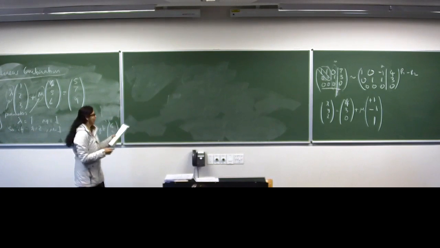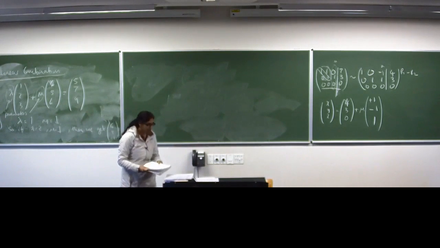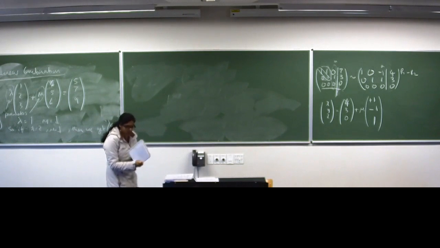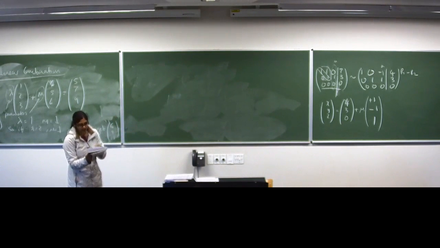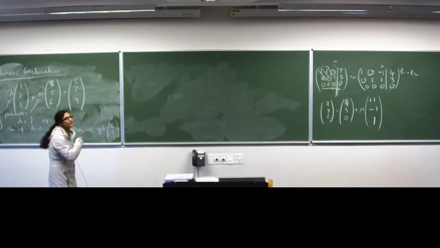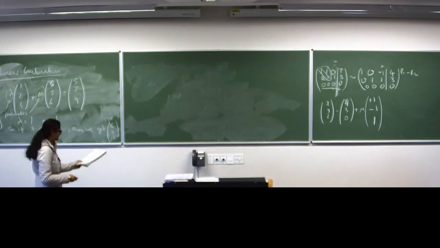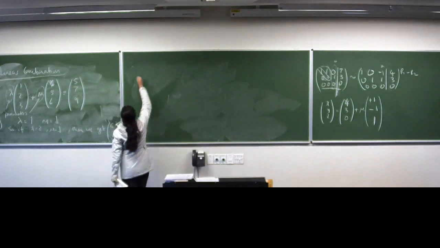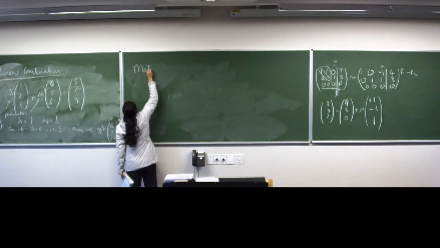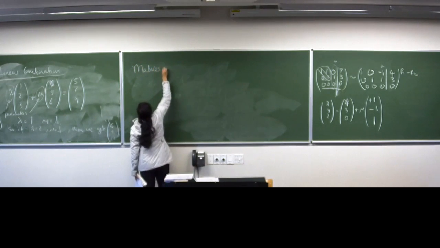So now what we're going to do is just talk about matrix notation in general. We were doing augmented matrices, right? With the line in the middle, that's called augmented. Now, we're going to talk very briefly about matrices in general.